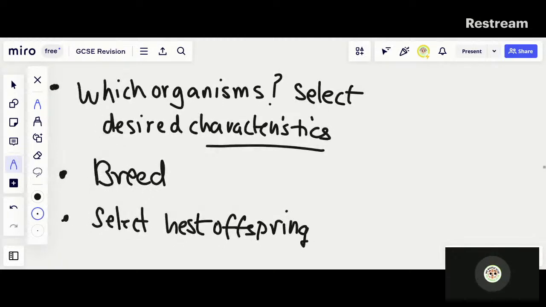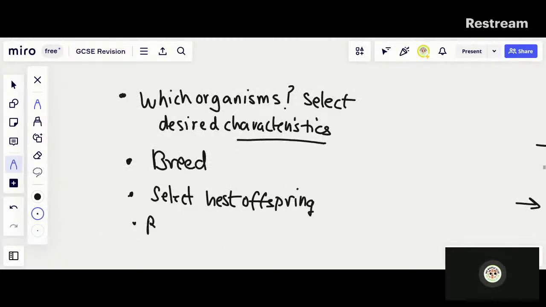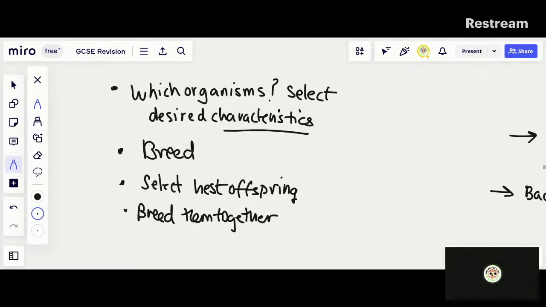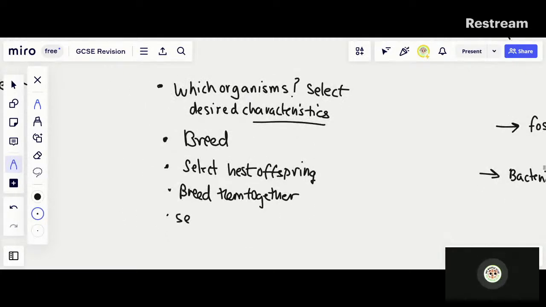And don't forget to say you have to then breed them together. You then continue this process over several generations until the characteristic or the trait is fully formed. So eventually, all the offspring will just have this characteristic.